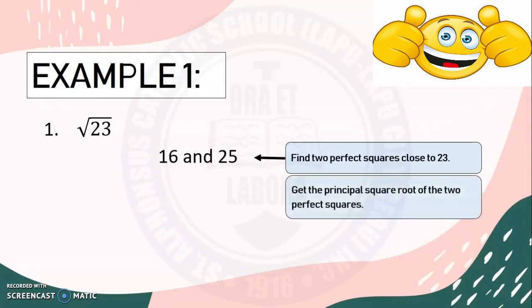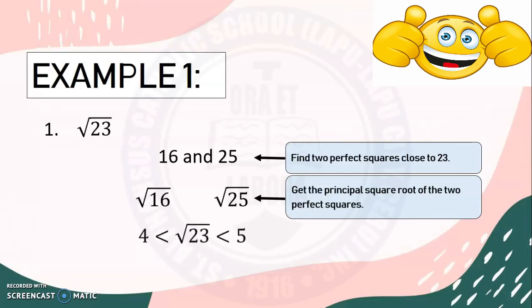Now, for the second step, get the principal square root of the two perfect squares. So we need to get the square root of 16 and the square root of 25. We all know that the square root of 16 is 4 because 4 times 4 is 16, and the square root of 25 is 5 because 5 times 5 is 25.